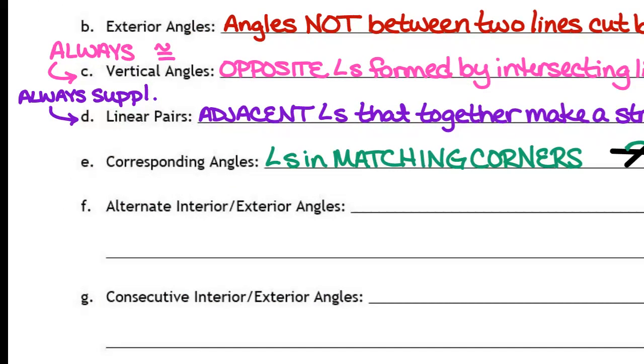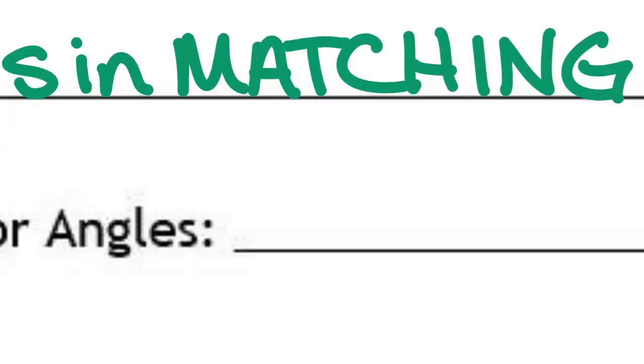Alternate interior, alternate exterior angles. These are opposite sides of the transversal.